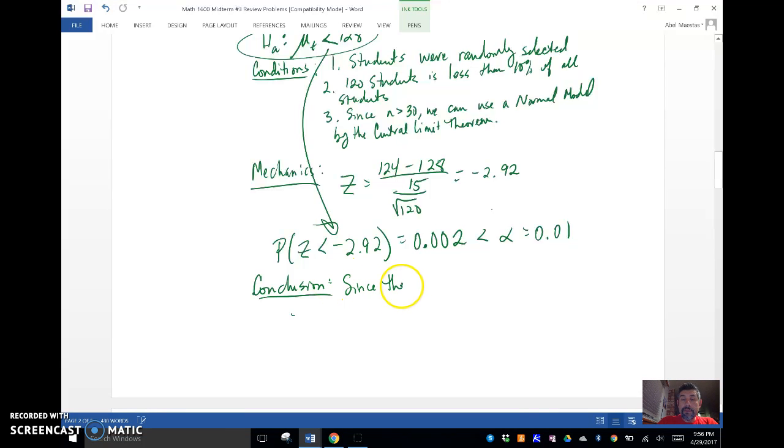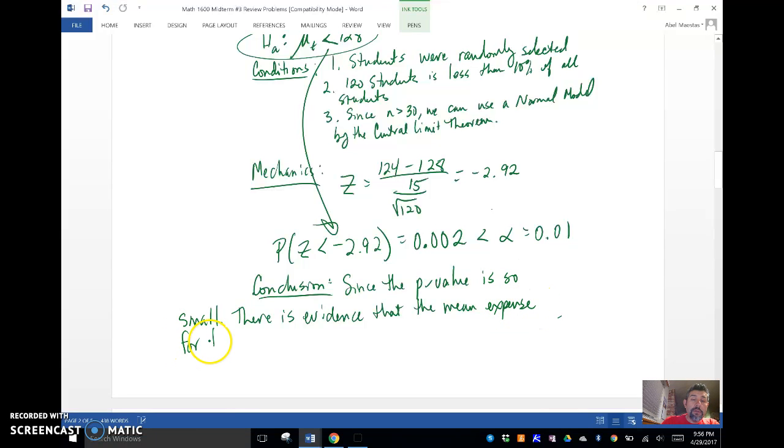Since the p-value is so small, or in this case, at least smaller than our alpha level of 0.01, we're going to go ahead and reject the null hypothesis, which indicates that there is evidence that the mean expense for textbooks is less than 128. Basically, it's providing evidence that the alternative hypothesis is true.